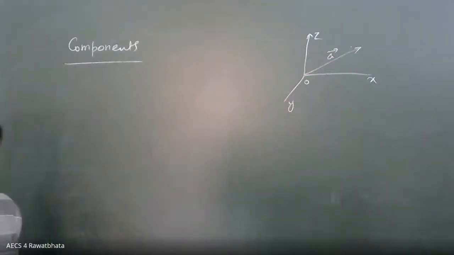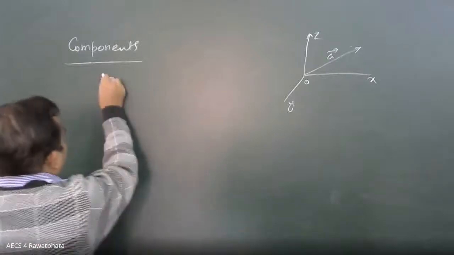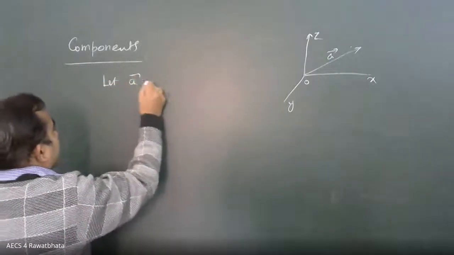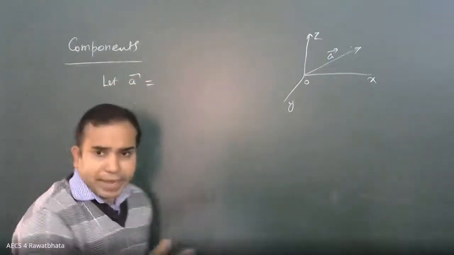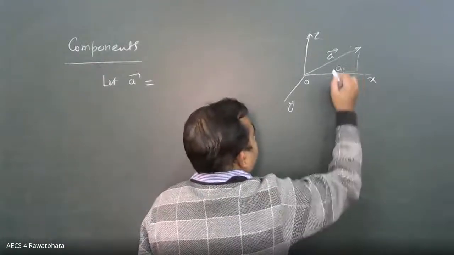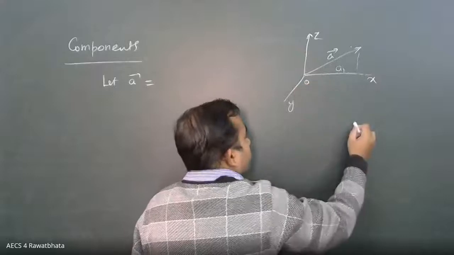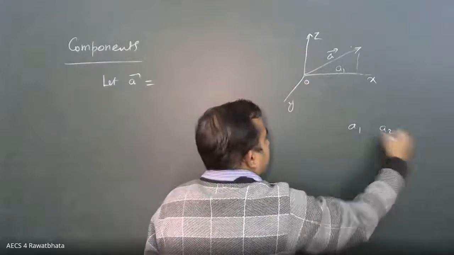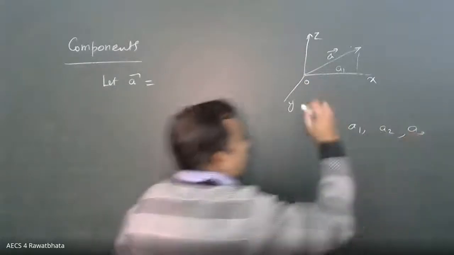Its component along the x-axis is A1, its component along the y-axis is suppose A2, and its component along the z-axis is A3.